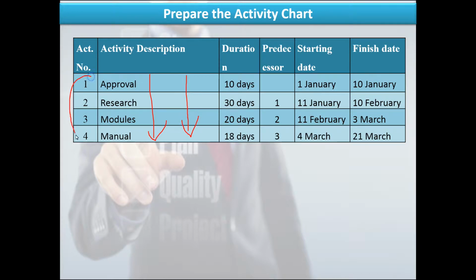Then I give each one a number, an activity number. I indicate the duration. Obviously, the duration will depend on the resources that we load into each activity. The duration will determine the start and the finishing times of each activity.